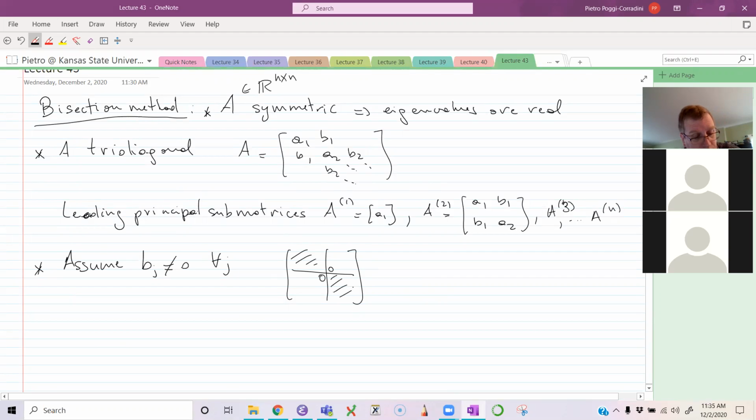All right, so let's assume that. Now, note, this implies that all of the eigenvalues are distinct.